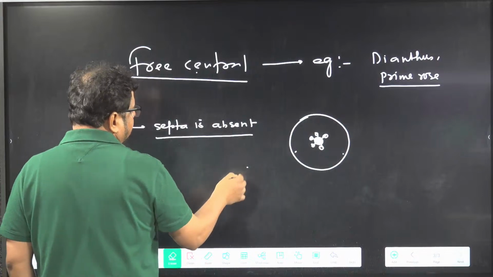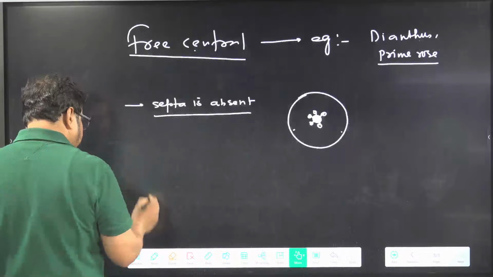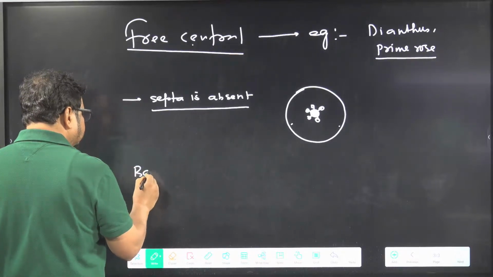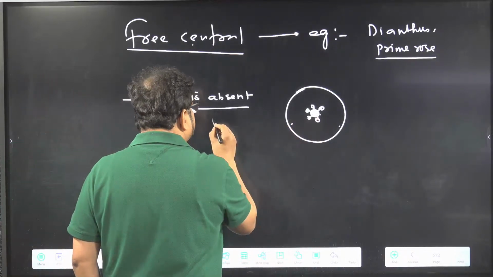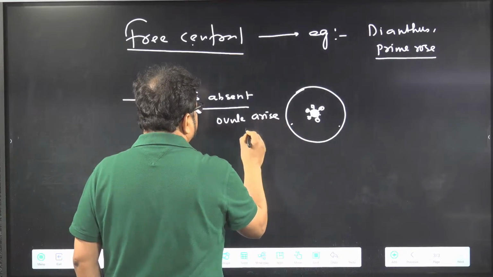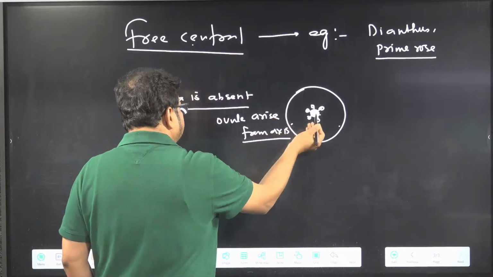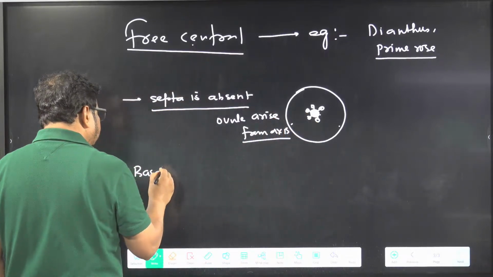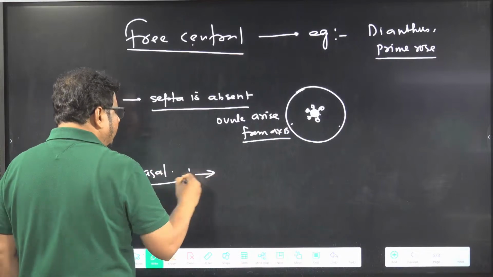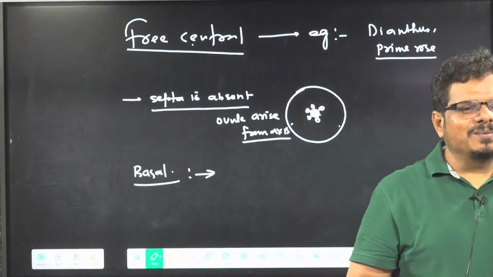Free central placentation. Now finally we are coming to the last, that is basal placentation. In free central, ovule arises from the central axis. Now basal. As we are following, without NCERT, tell me the example. Okay, someone has written already.